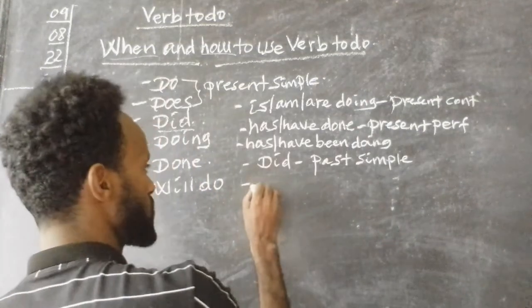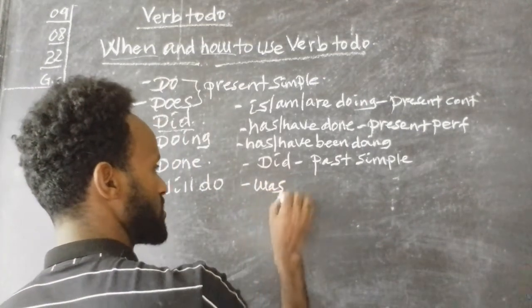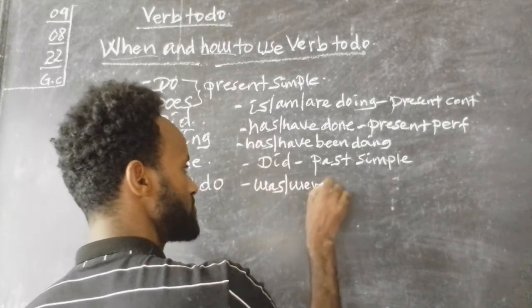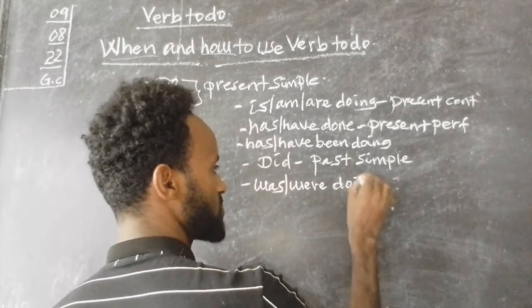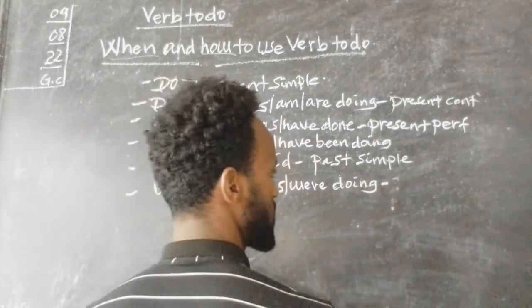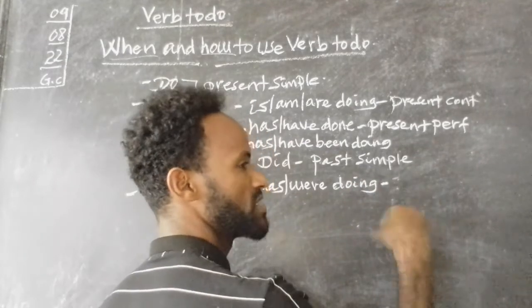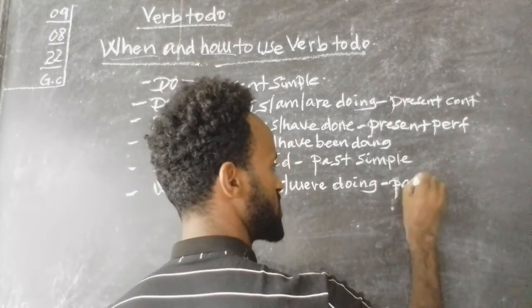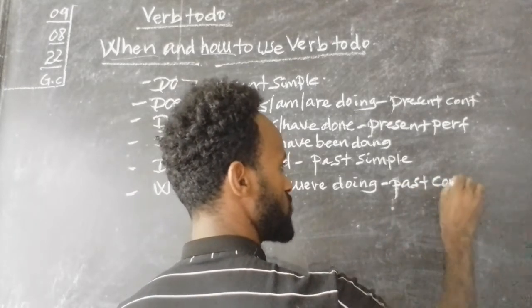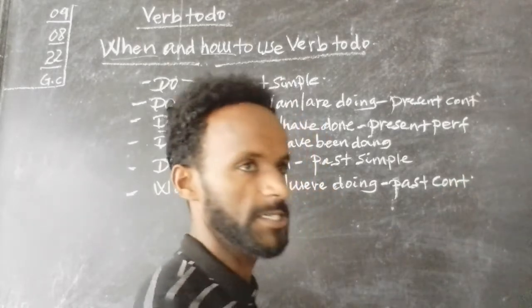So you can say was or were plus doing. So this is the past continuous of the verb to do. Yes, the past continuous of the verb to do.